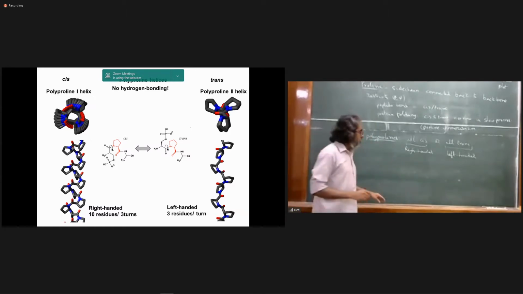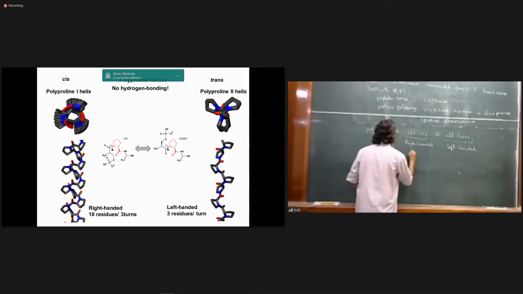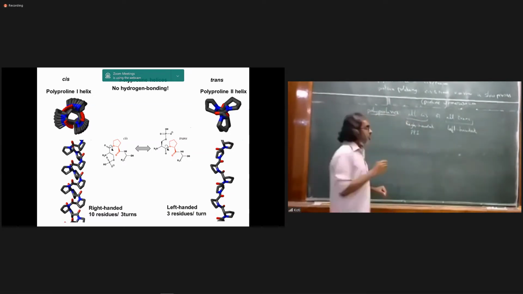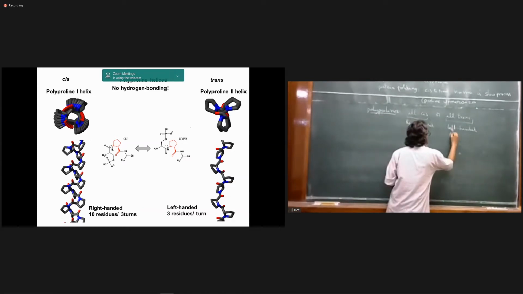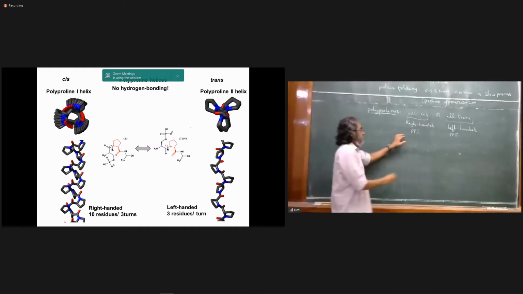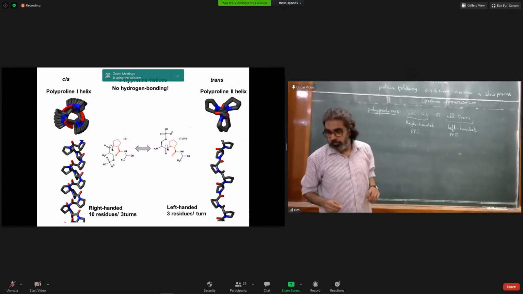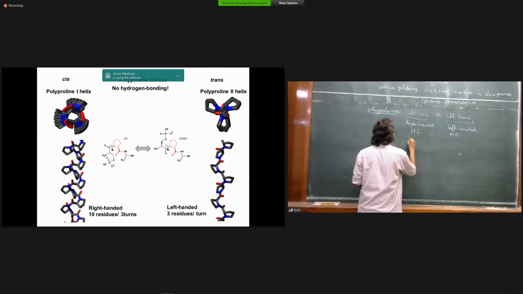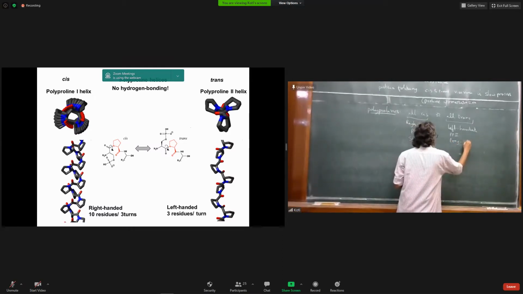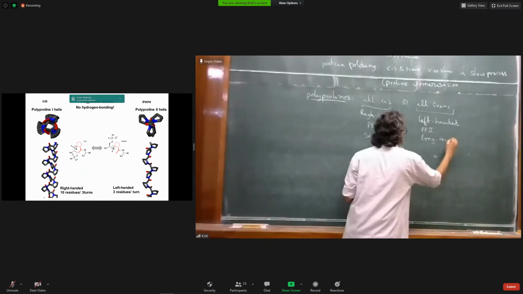And this right-handed one is called polyproline 1, or PP1, and all trans is called PP2, or polyproline 2. And you see, this is short in terms of, let's say, if you take a certain number of residues, so this is short and fat, and this is long and thin, comparatively.